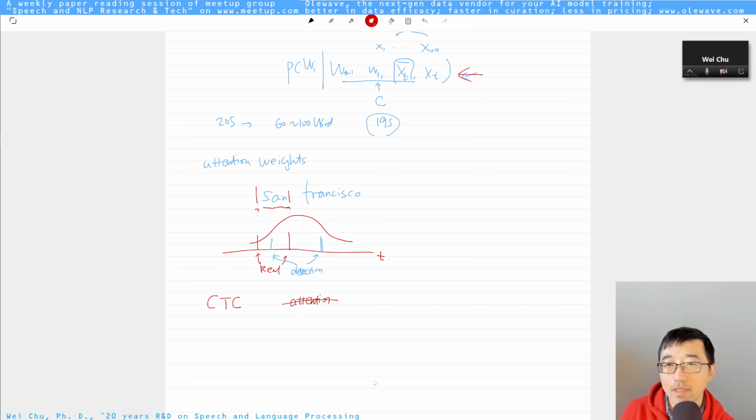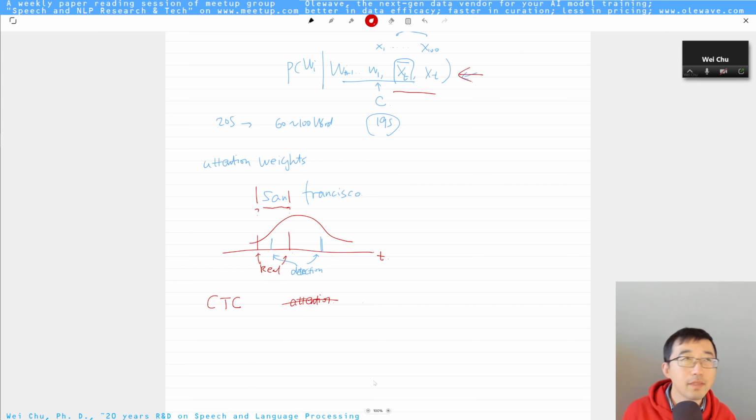And definitely you can see that the CTC approach follows this direction, right? You remember that CTC also uses the full utterance, or all the features from the first frame to the 100th frame, for estimating the probability of WI. But it can also run frame by frame, though it won't be very accurate.